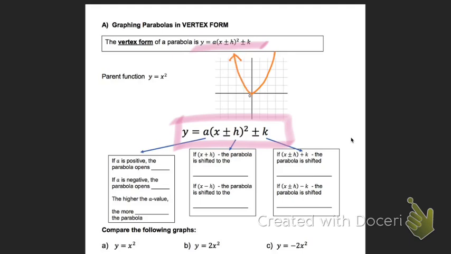This is a parabola. This is the original, the parent function, meaning everything stems off of this. It either goes up or down, left or right. It could flip. It could be wider. It could be narrower.